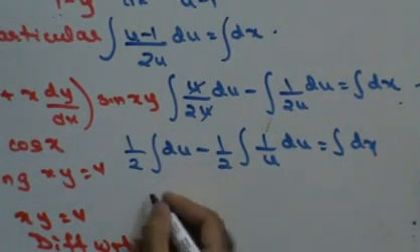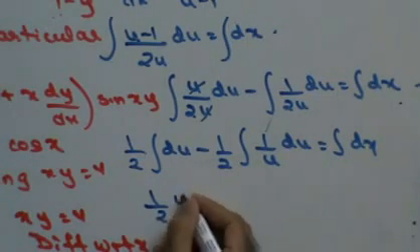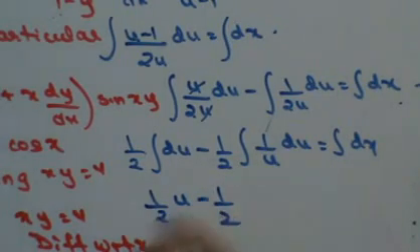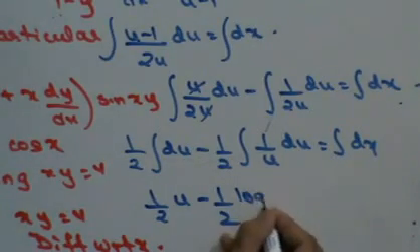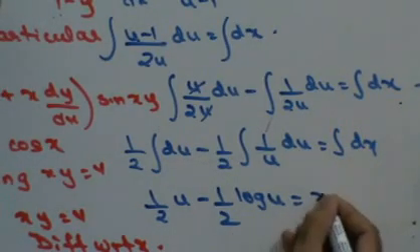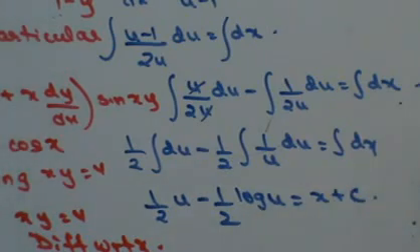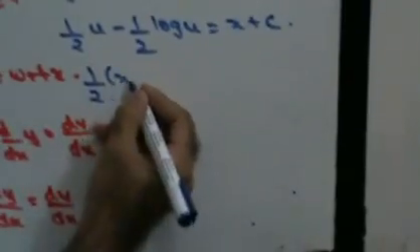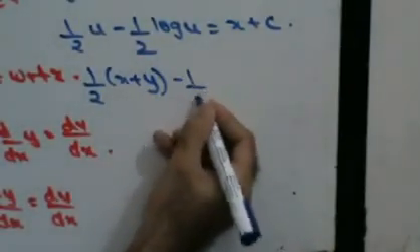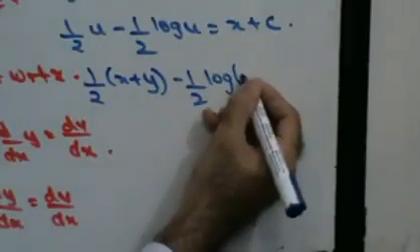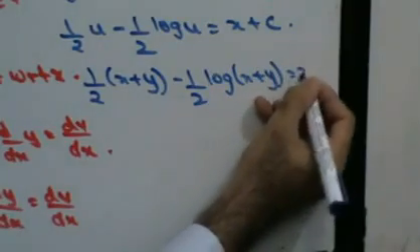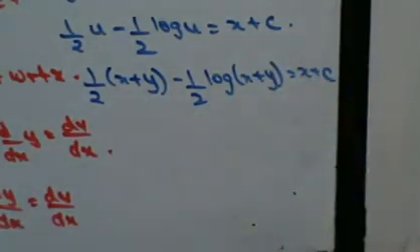In which case I can say that 1 upon 2 integral of du is u, minus 1 upon 2 integral of 1 upon u is log u, integral of dx is x plus c. Now resubstitute the value. If I resubstitute the value, I'll get 1 upon 2 x plus y minus 1 upon 2 log x plus y is x plus c, right?